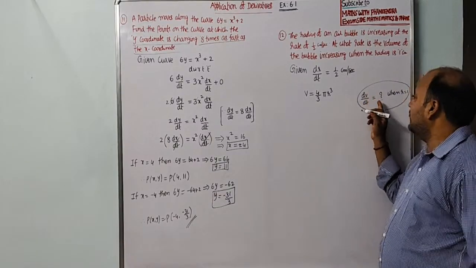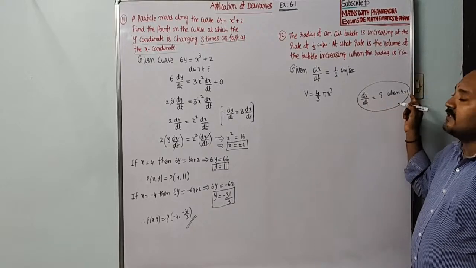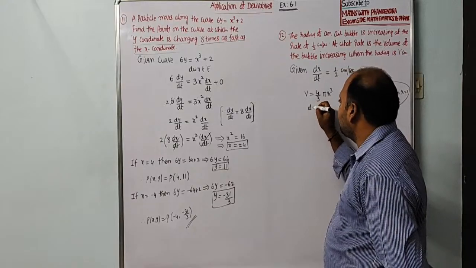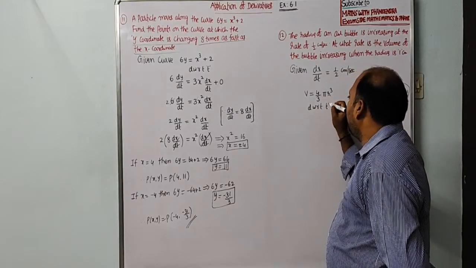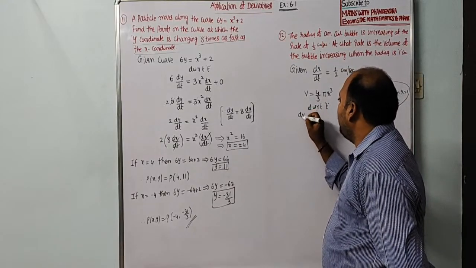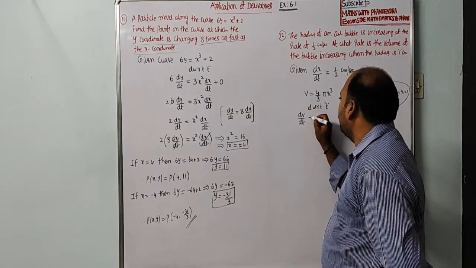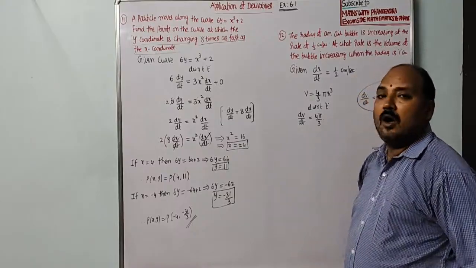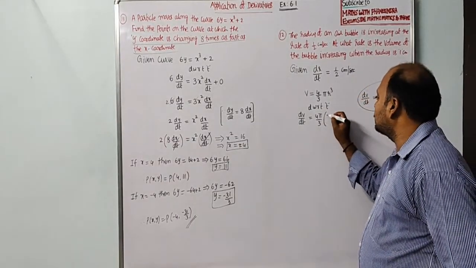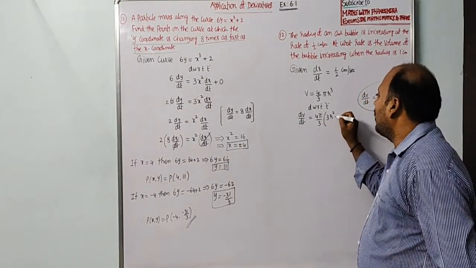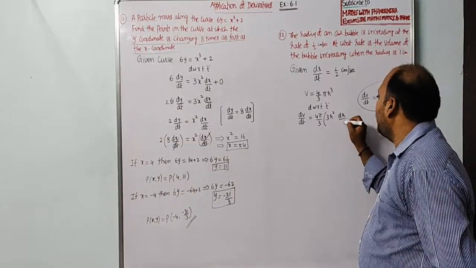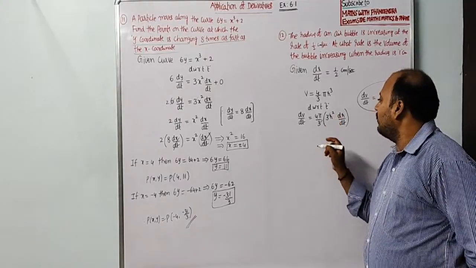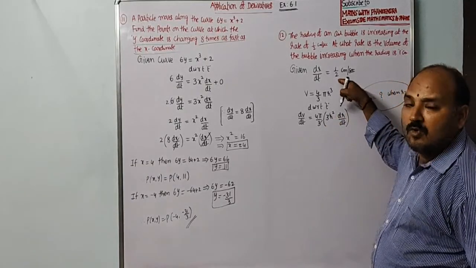So differentiate with respect to t, dV by dt is equal to 4 pi by 3. R cube derivative is 3r square. R derivative is dr by dt. Here 3 get cancelled.